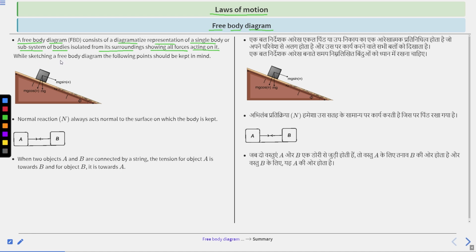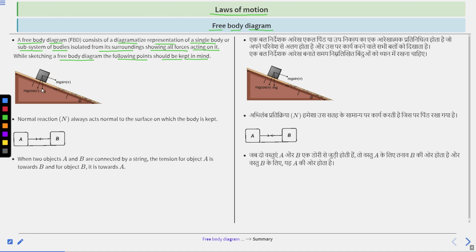While sketching a free body diagram, the following points should be kept in mind. Here, this is a block on an inclined plane. This is an inclined plane making angle phi, and this block is on the inclined plane, and the forces acting on it.